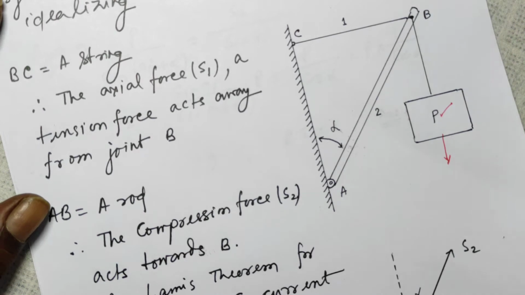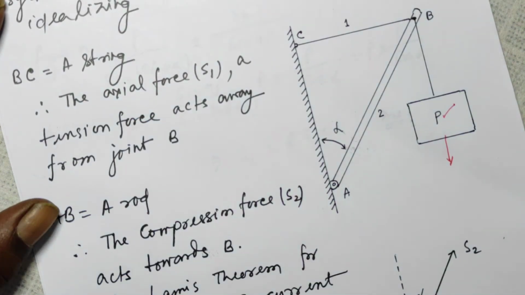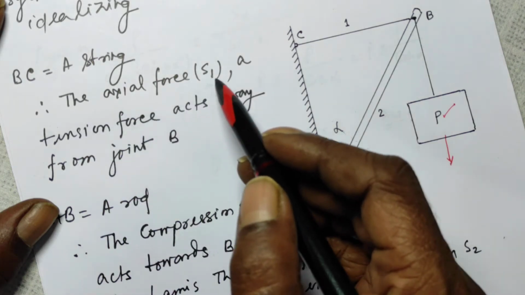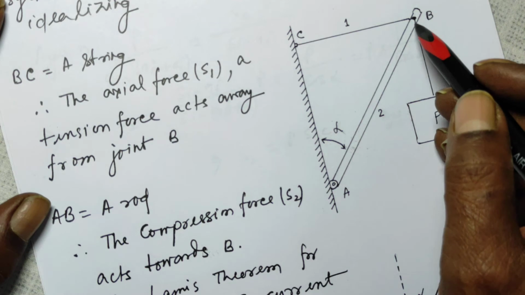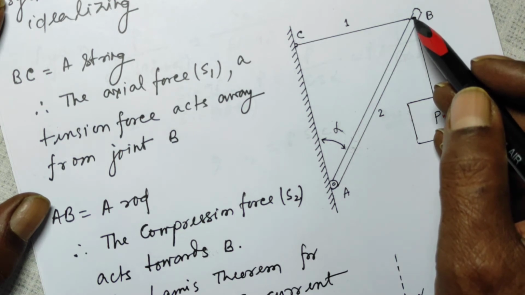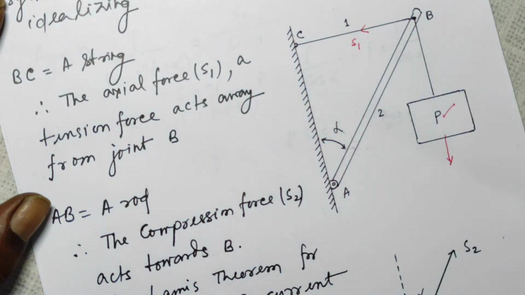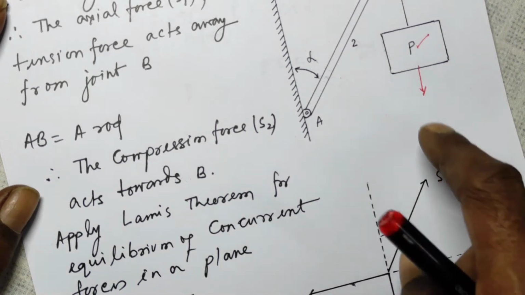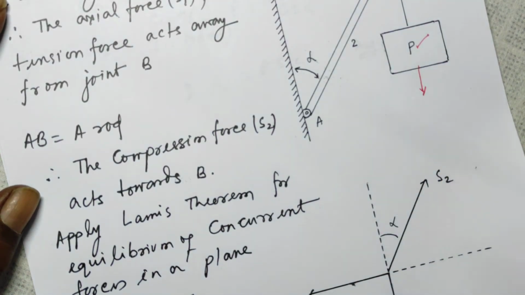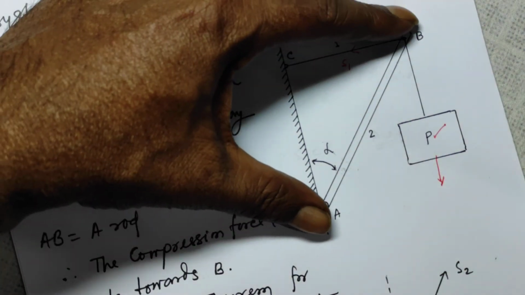So let us go quickly, very simple. BC is a string, therefore the axial force S1 that will develop in the string will be away from the joint B, towards this side. Let it be S1. Now again, AB is a massless rod, so due to the load P, this rod will be compressed.